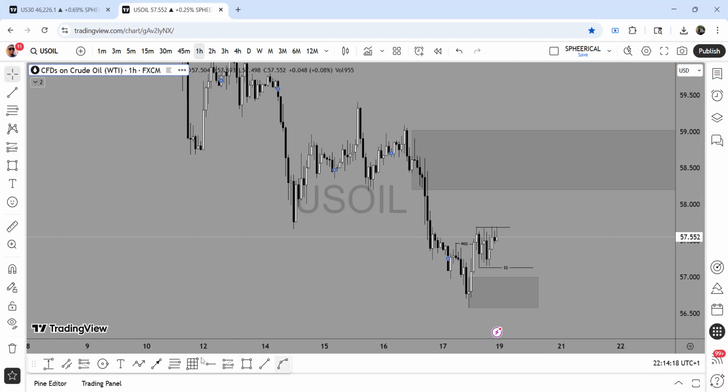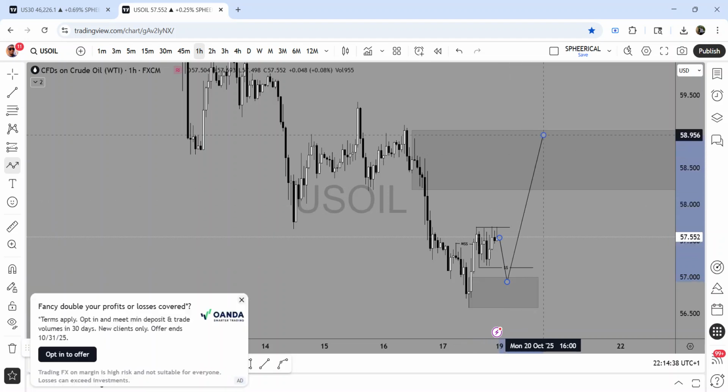So we're expecting the market, as it is showing a 1 hour pin bar. The market closed as a 1 hour pin bar. So we're expecting something like this into this demand zone, and then to the opposite side.